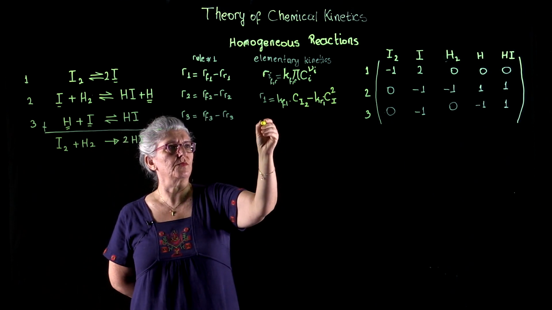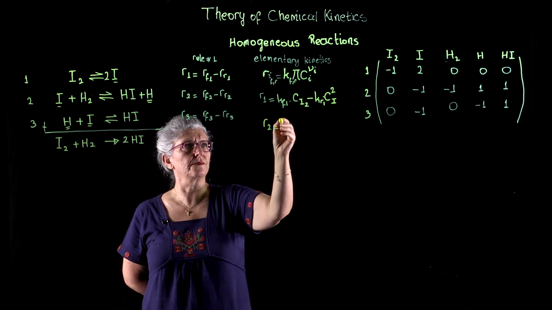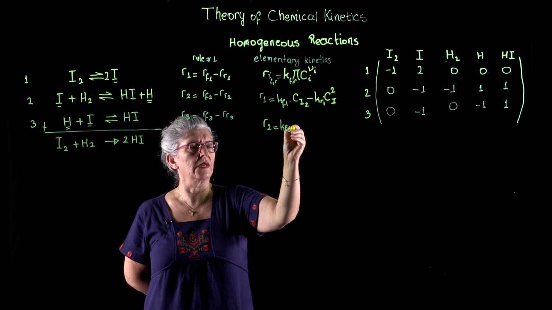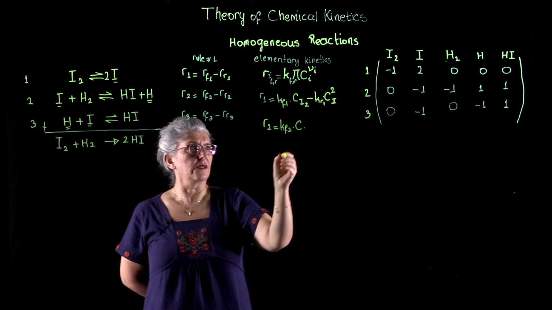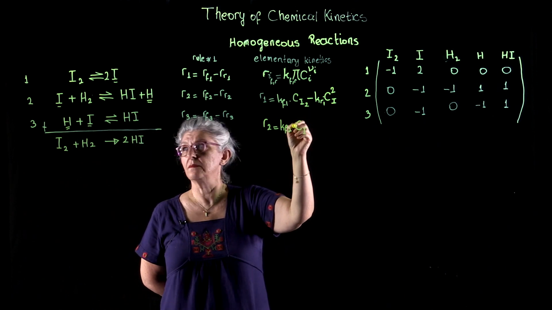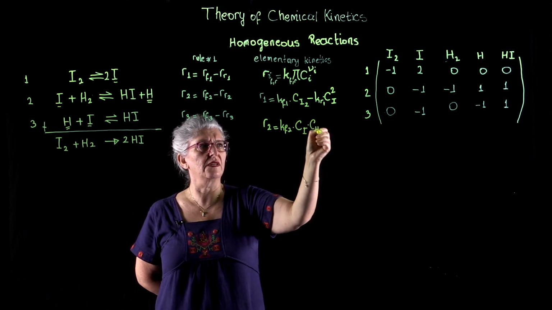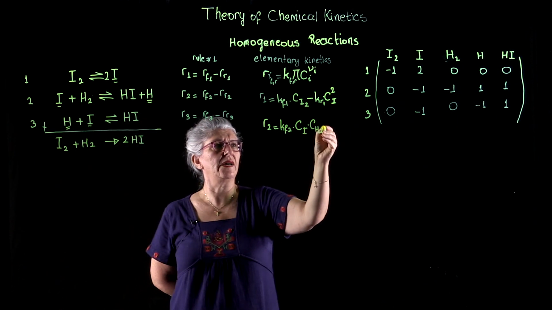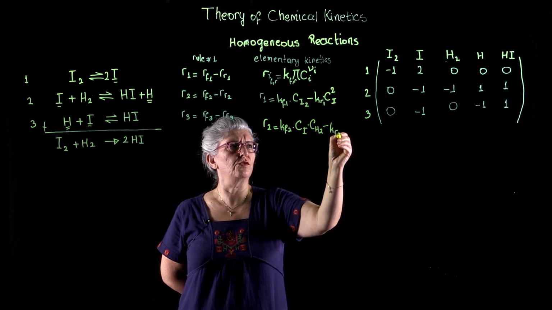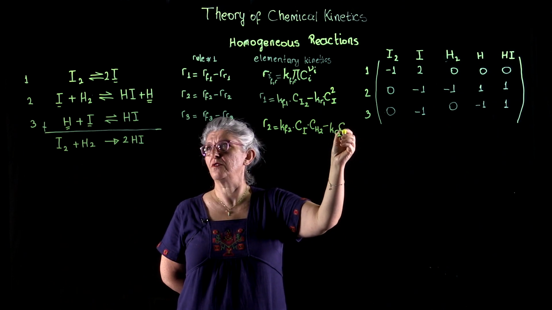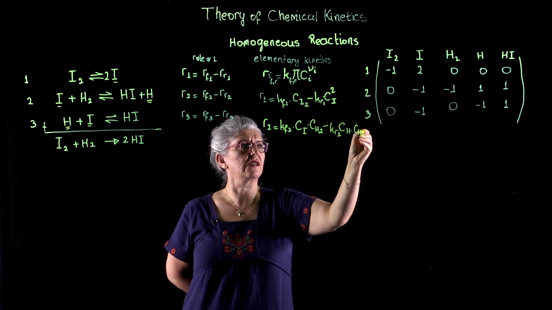Rate 2 is K forward 2 times concentration of iodine atom raised to the power 1 times concentration of hydrogen raised to the power 1 minus K reverse 2 times concentration of H and concentration of HI.